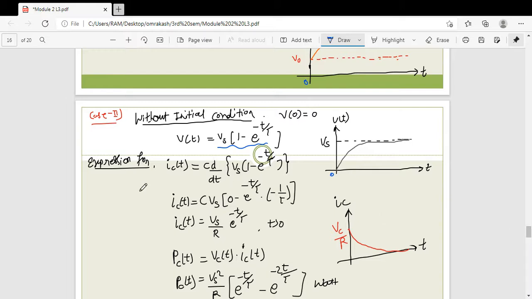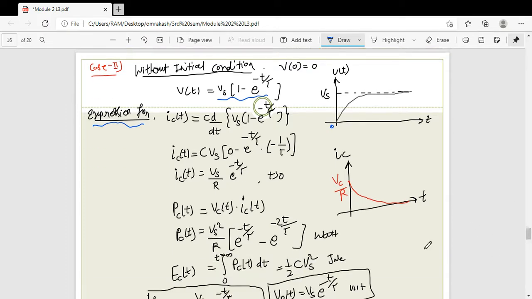Now what is the expression for current for this first order source-free response? Similarly, you have to put the value of this voltage and take the derivative of that, so you will get IC of t. When you solve the circuit, you will get Vs by R e to the power of minus t by tau for t greater than 0, at all instants of time. Now what is the value of IC?